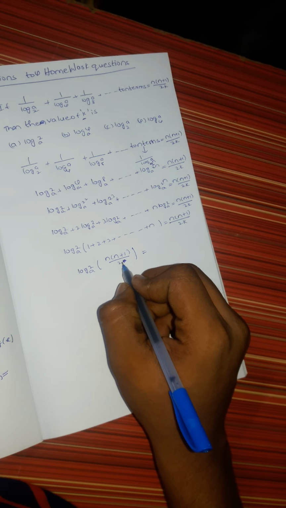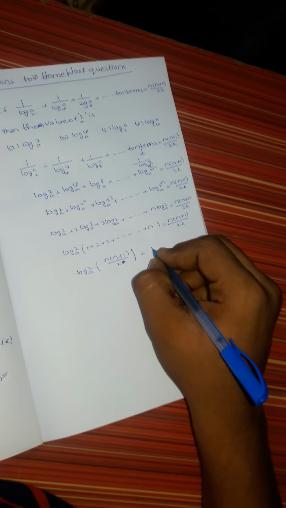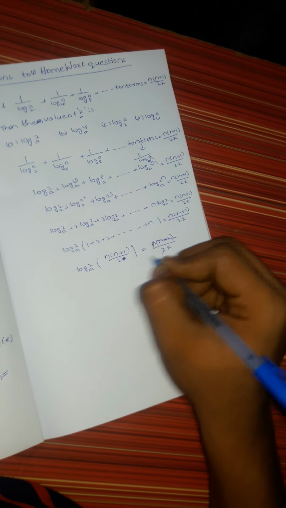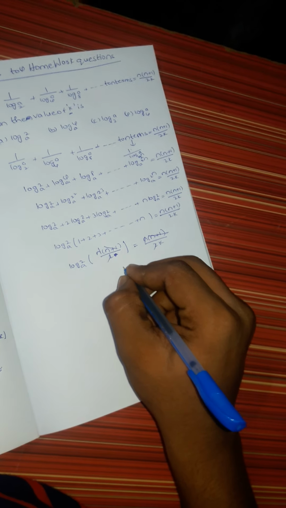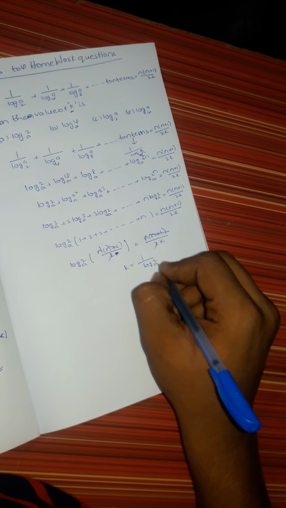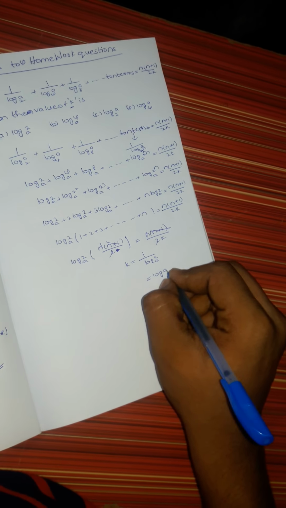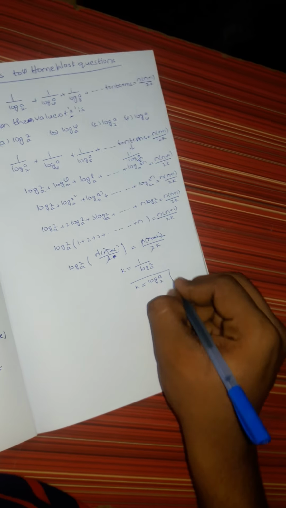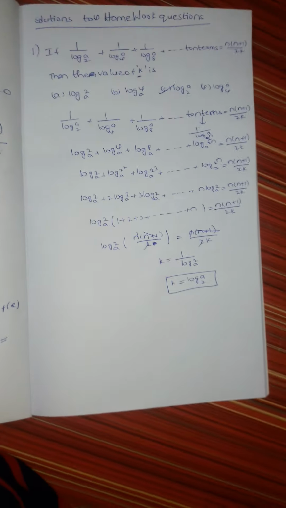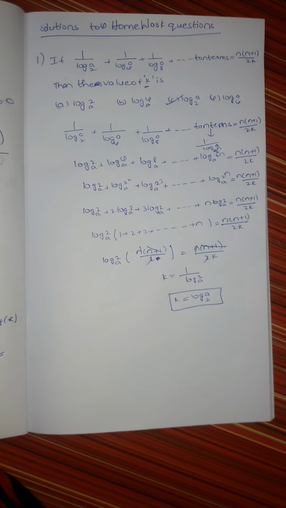So n of n plus 1 by 2 gets cancelled, that is k is equal to 1 by log 2 to the base a, which can be written as log a to the base 2. K is log a to the base 2, that is option C. Have a look students.